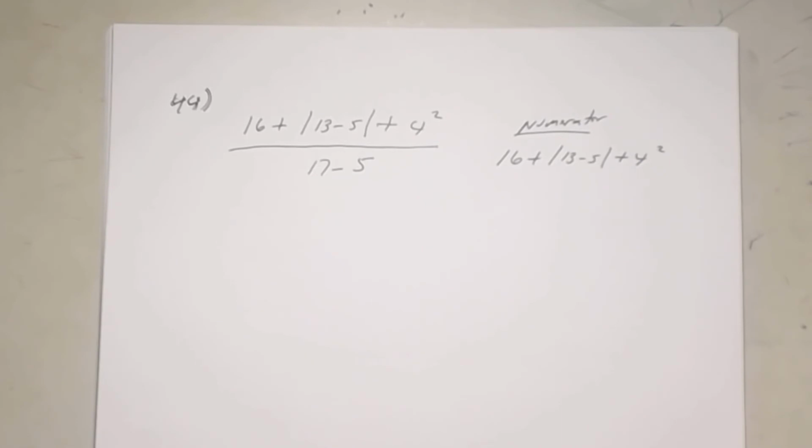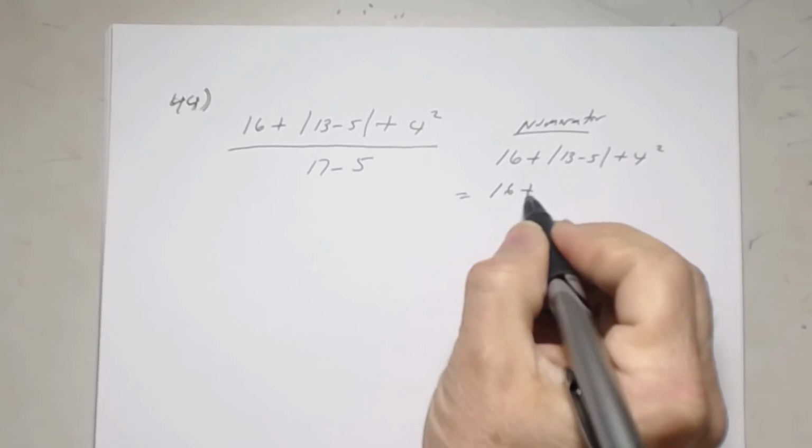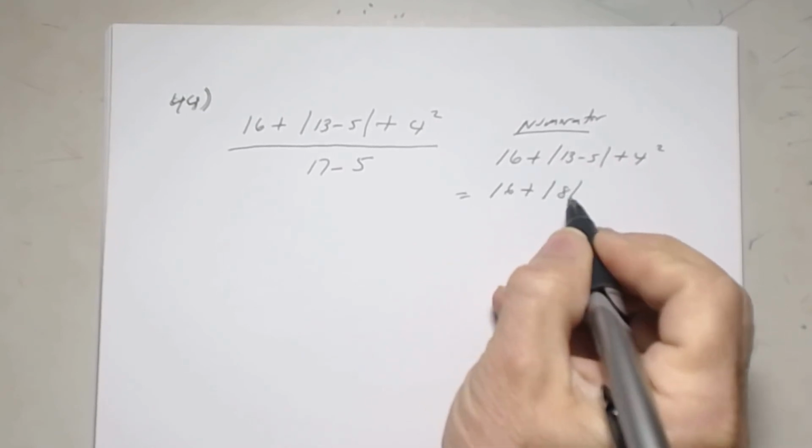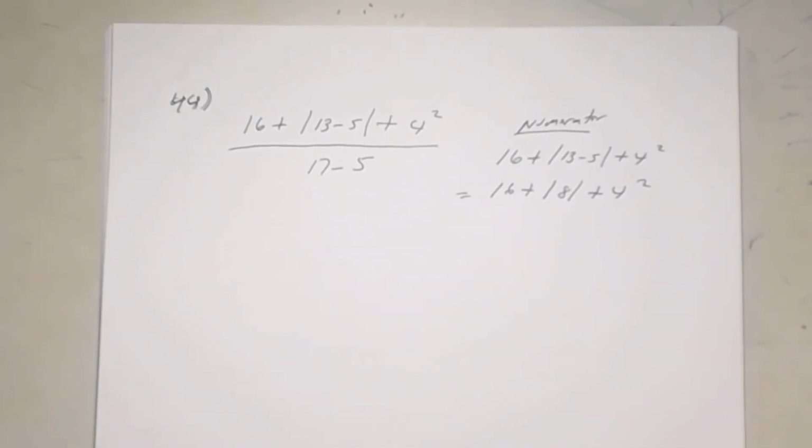So do what's inside that absolute value first. What's 13 subtract 5? 8. So you're going to say 16 plus the absolute value of 8, plus 4 squared. All you did was that subtraction, but you still have absolute value there.